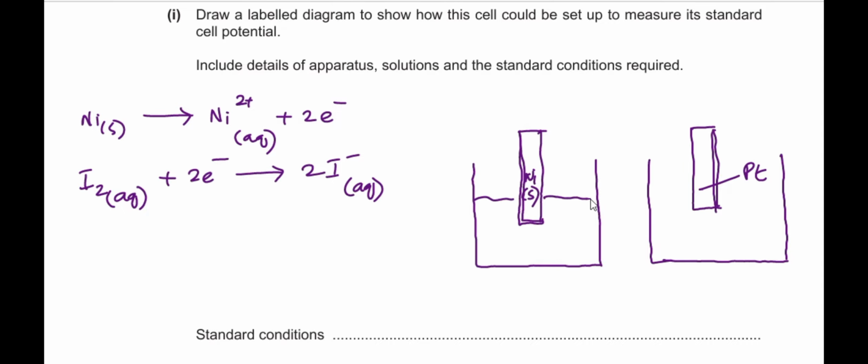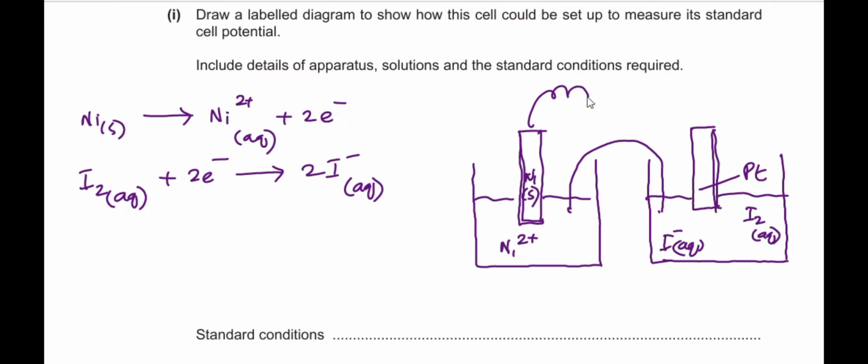Okay, and in this solution we will have nickel 2 positive ions here, and we will have iodine aqueous as well as iodide aqueous. Okay, and there should be, very important, a salt bridge between them so that the ions can go from one cell to the other. This should be connected by a wire having a voltmeter there to measure. Okay, so we will label them now. Salt bridge.